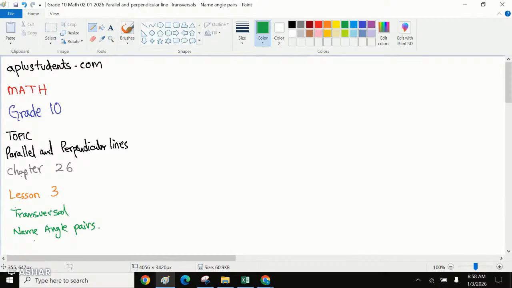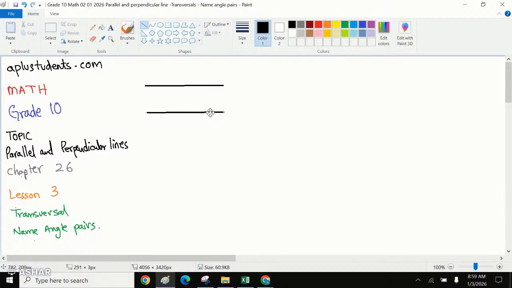So before doing anything, we need to see the 3 basic types of angles that are present here, right? Let's suppose we have a pair of parallel lines. We're considering examples so that we can see what lines are there. Let's suppose this line number 1 is parallel to another line number 2.